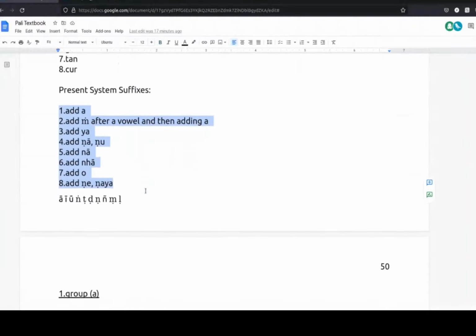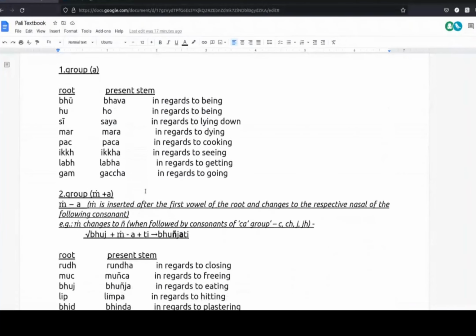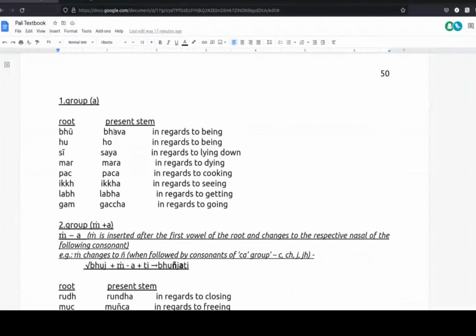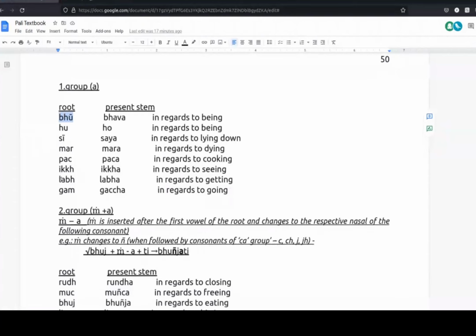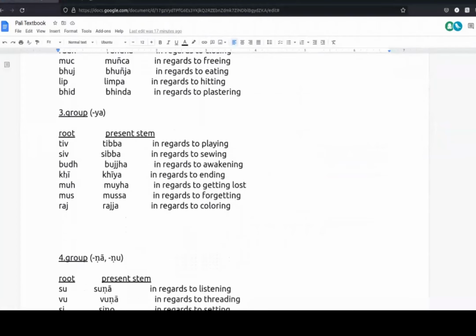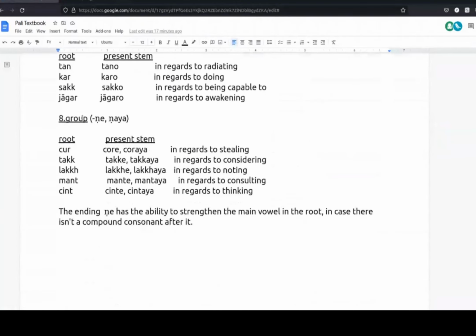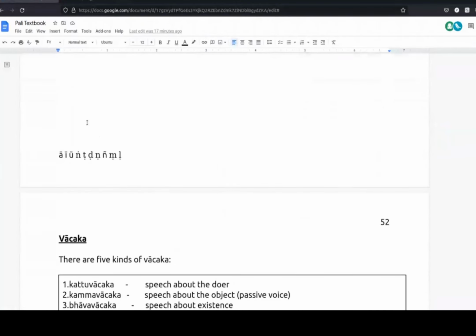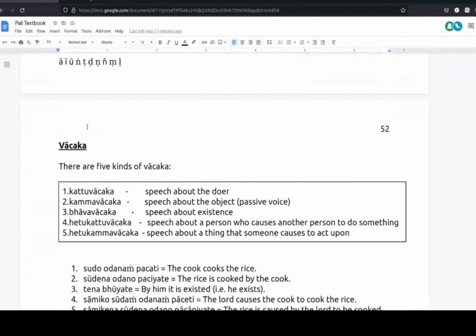And different groups will add different suffixes. So you get a present stem bhava and so on. But the other tenses don't do this. They just take the root and fix the ending onto them, with some strange things happening, but that's basically what they do.